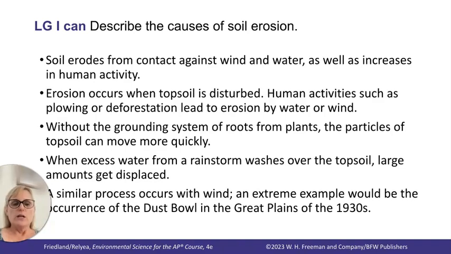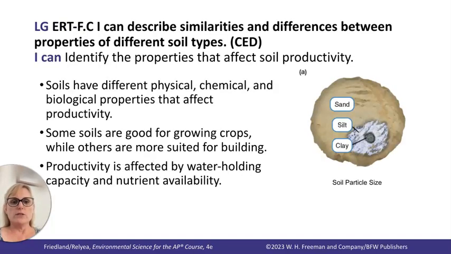And so our topsoil can get lost, which is not a good thing for humans. Most erosion is caused by water, but a lot of it can be caused by wind, with big occurrences like the Dust Bowl in the 1930s that you learn about in your U.S. history classes.